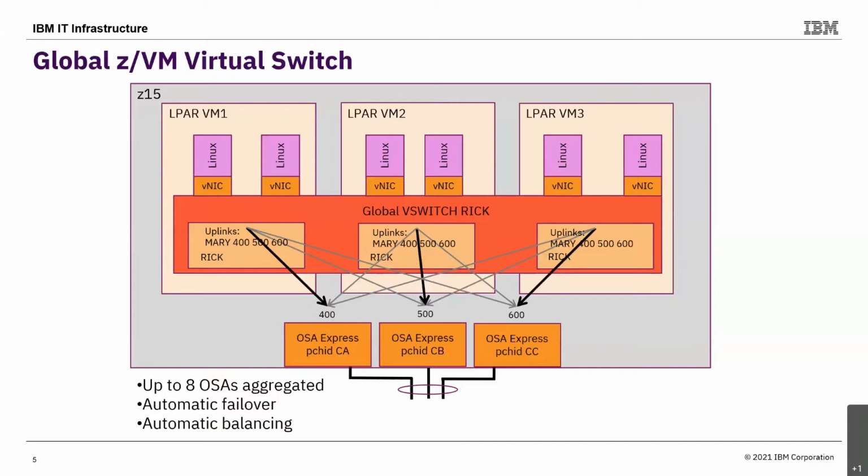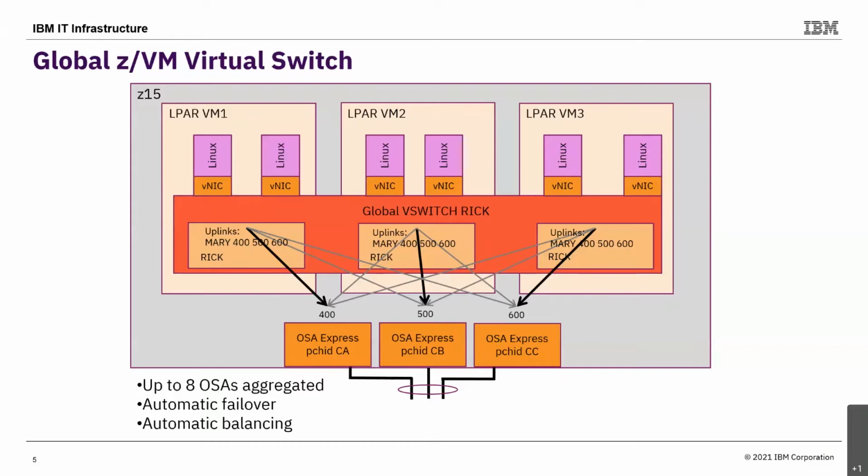The other purpose is not only for guest-to-guest connectivity, but to also connect to the outside world. And here we emulate a layer 2 LAN. It's a totally simulated layer 2 LAN that is done strictly by software.